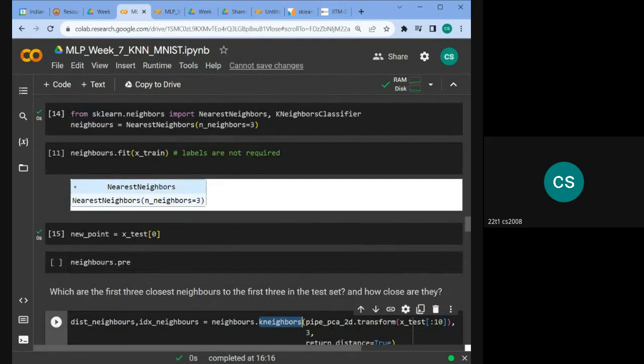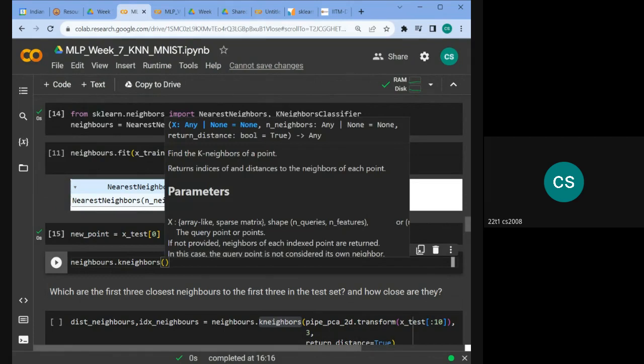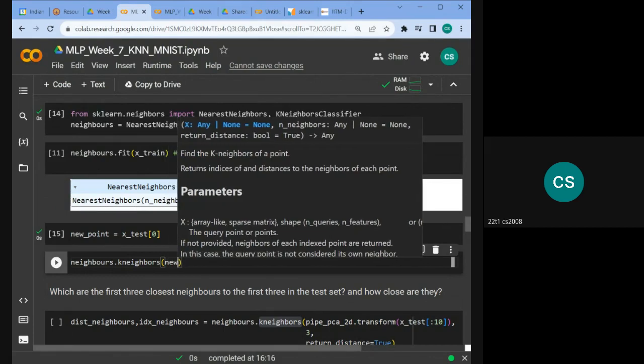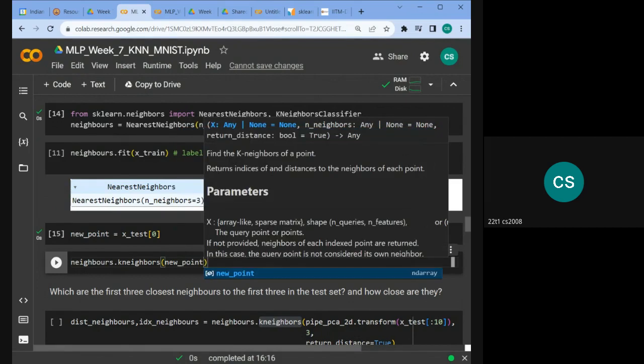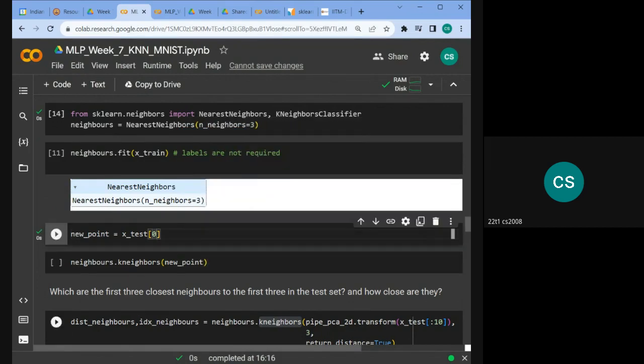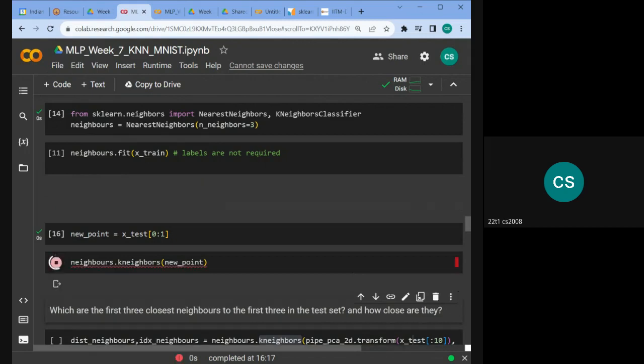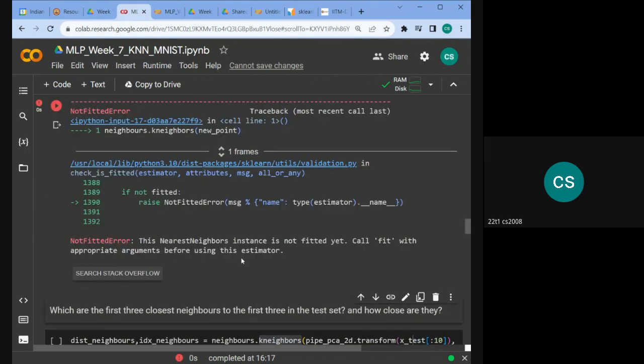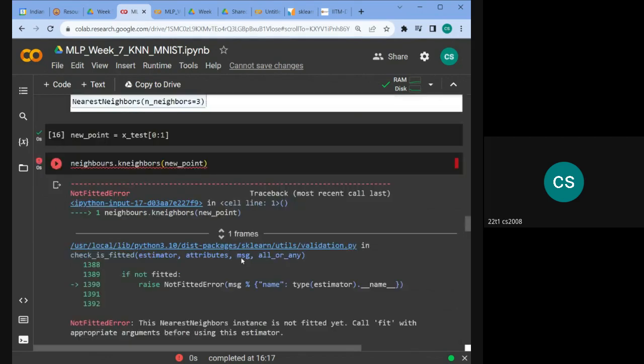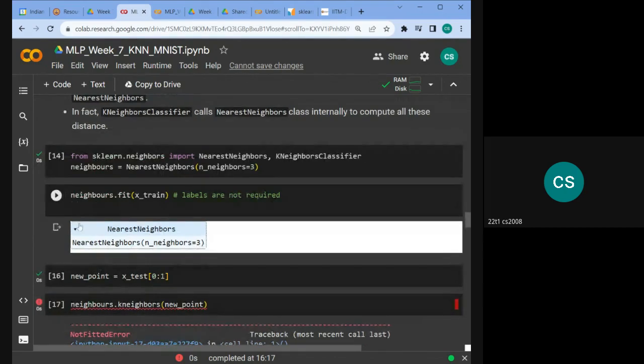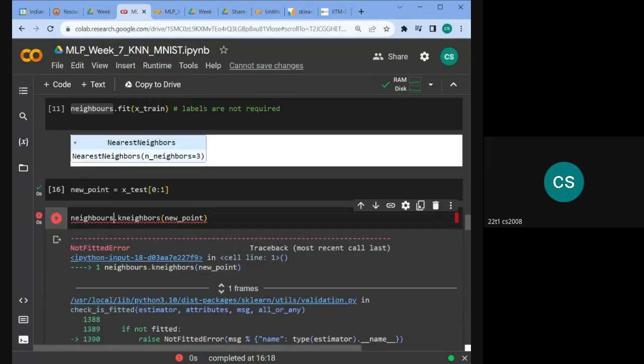I have to use this k neighbor, and I will give my new point to it. But okay, nearest neighbor is not fitted yet. Call fit with appropriate argument. But I did. What am I missing?